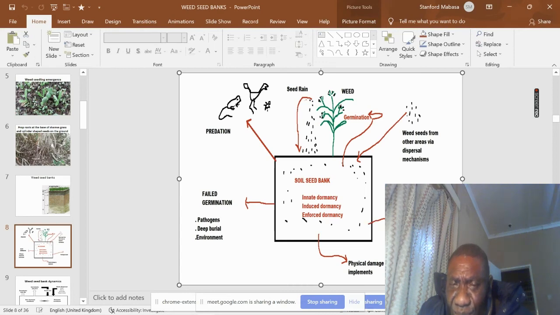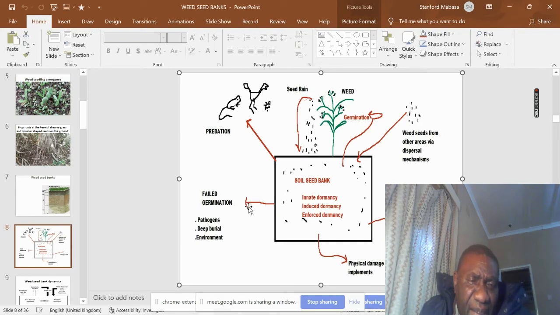This route, physiological death: at the end of seed longevity, seeds may die. We can use implements which can damage weed seeds, like plows and harrows.